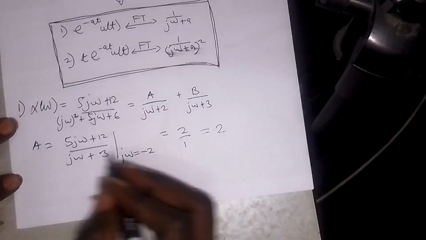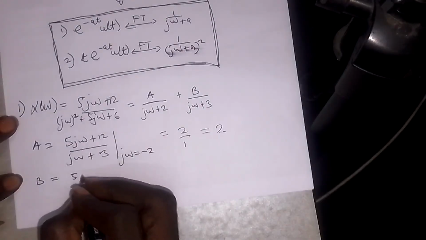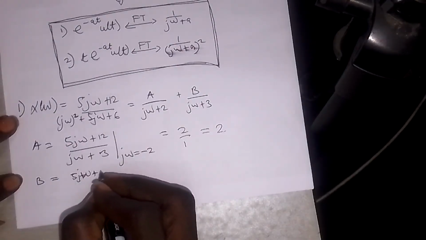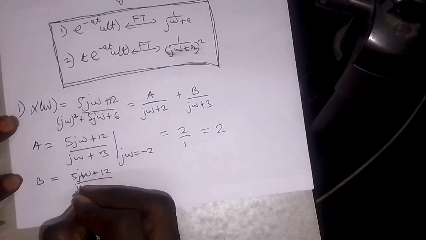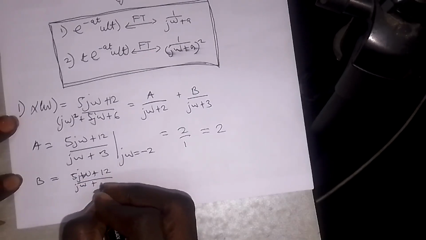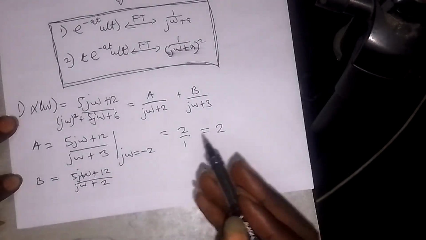Now B is equals to 5 j omega plus 12 over j omega plus 2, because the j omega plus 3 here will cancel out. So you'll be left with j omega plus 2.